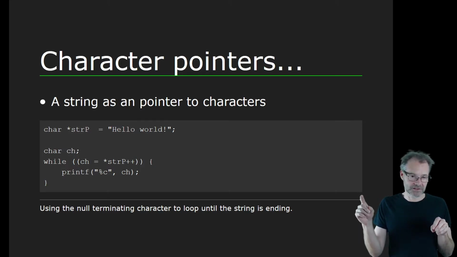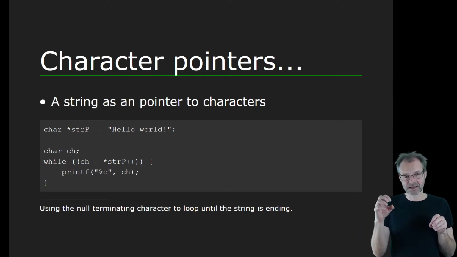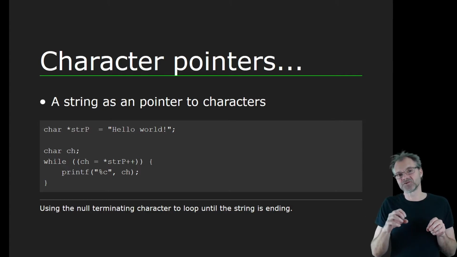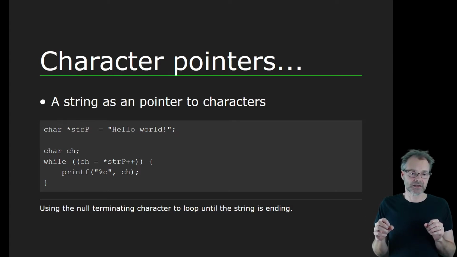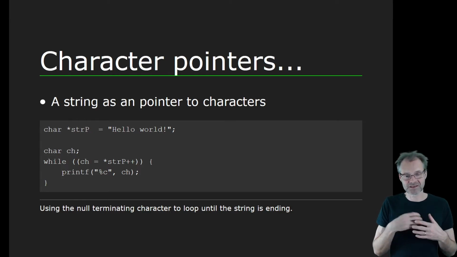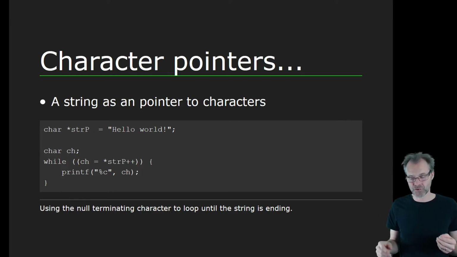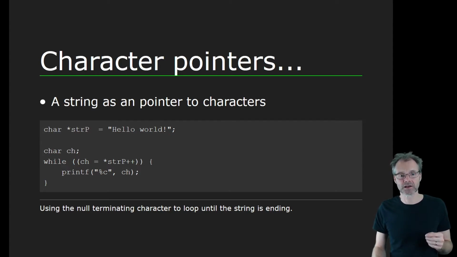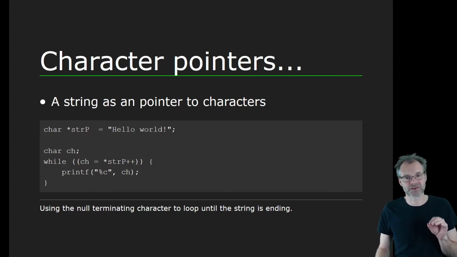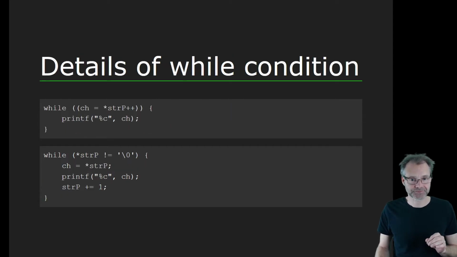So it looks a bit strange, but when it reaches the null terminating character, ch will contain 0, and this complete expression will also be 0, and the loop will end. So this is a way to loop through a string using a while loop, including an assignment of each character in the string.